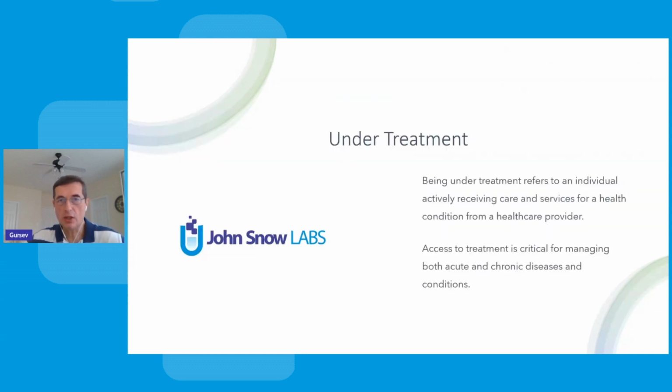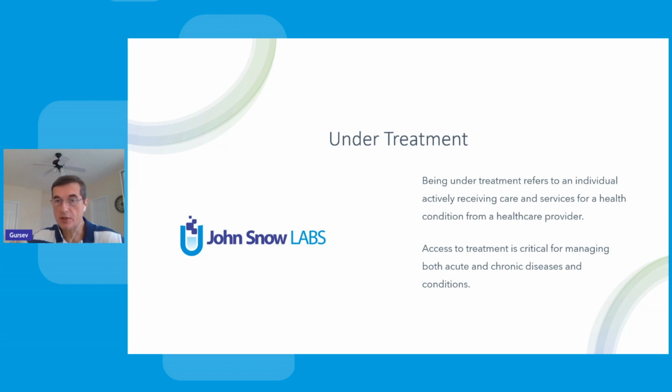The next model is under treatment. We try to understand by using this model if the patient is under treatment, which means that the patient is actively getting care and services for a health condition or a possible health condition. This is quite important.